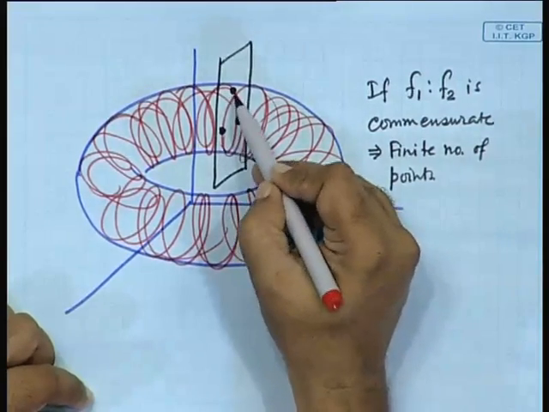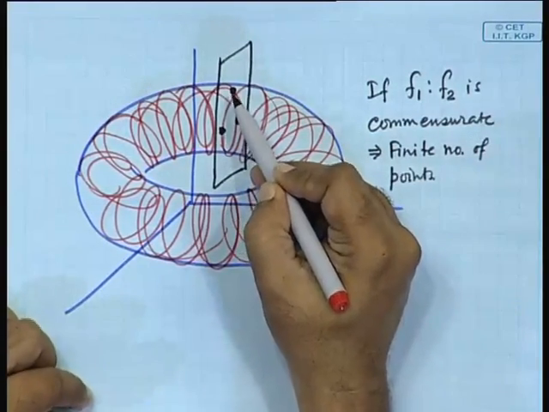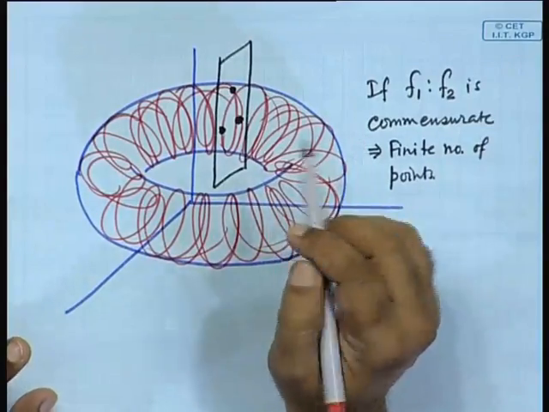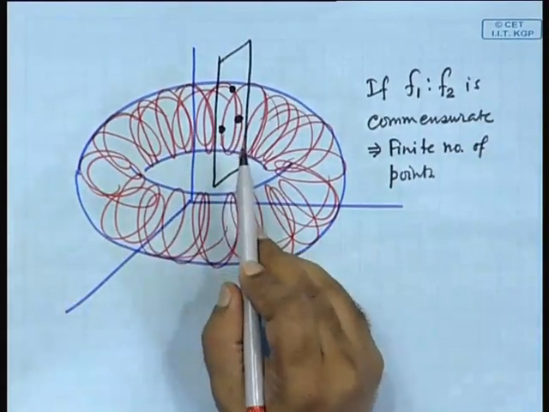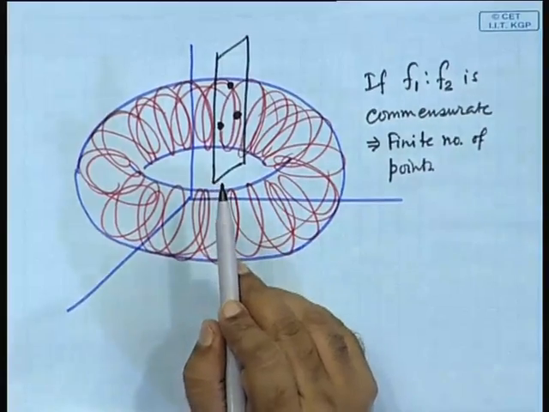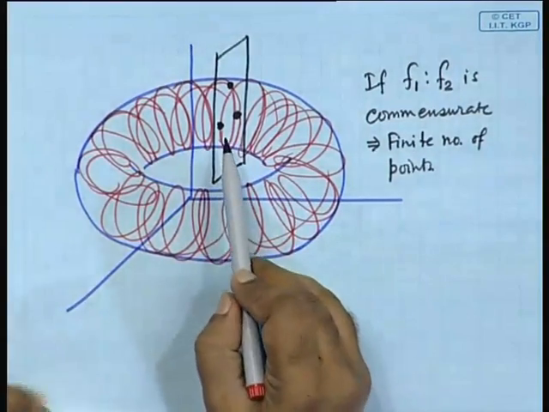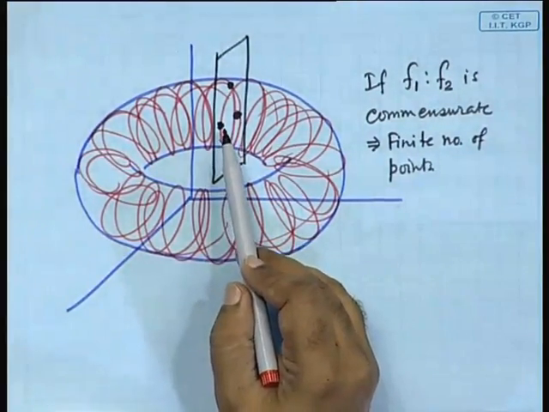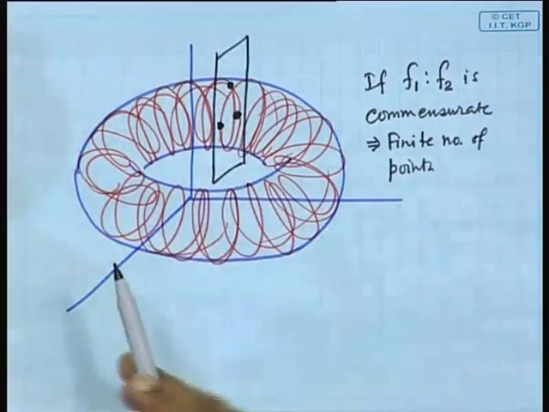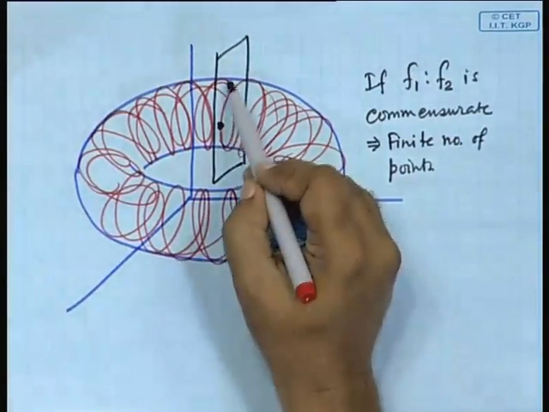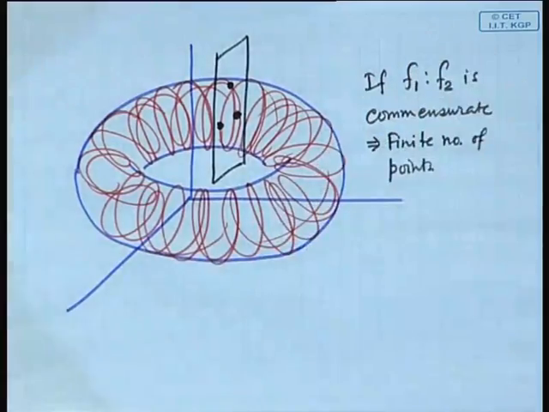So, you will see a finite number of points on this Poincare plane, which reflects that the orbit is really periodic. Is that point clear? So, here also that idea is applicable, that you have a finite number of points on that Poincare plane representing the periodicity of that orbit.